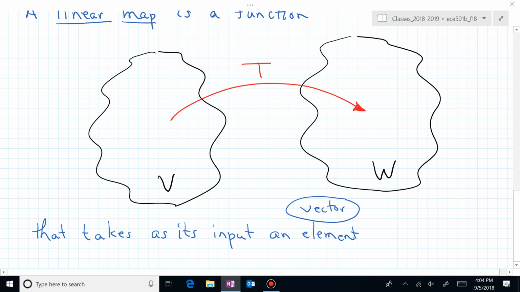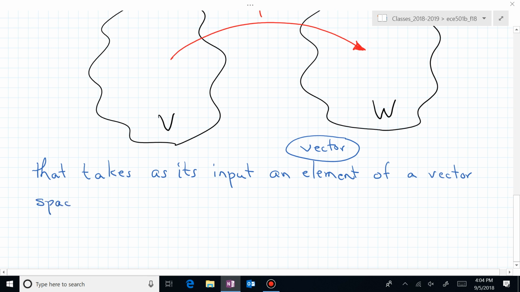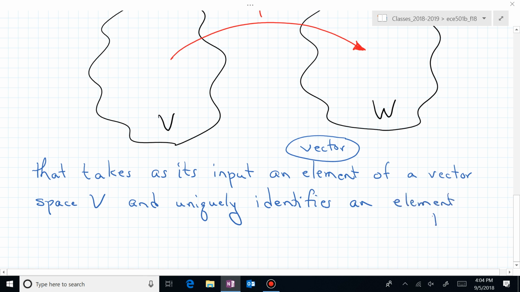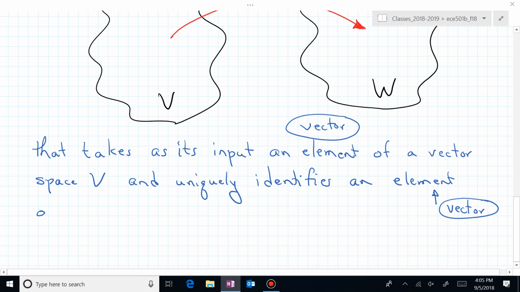So now this linear map is a function that takes a vector, and this is maybe why it's better to call it an element so we don't have too many vector words floating around, but it takes an element of a vector space V and uniquely identifies an element, again, that could be thought of as a vector in the output vector space, but it uniquely identifies an element of the vector space W.